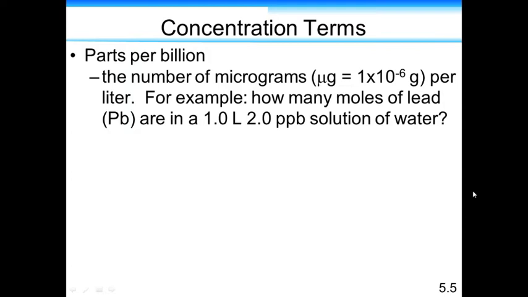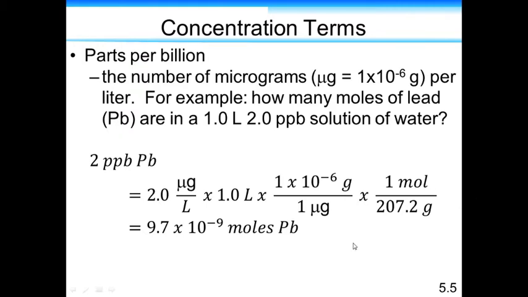So if they tell you you have a 2 part per billion solution, you have 1 liter of a 2 parts per billion, how many moles do we have? The way we'd set this up is 2 parts per billion is the same as saying 2 micrograms per liter. We have 1 liter of solution, so liters cancel.